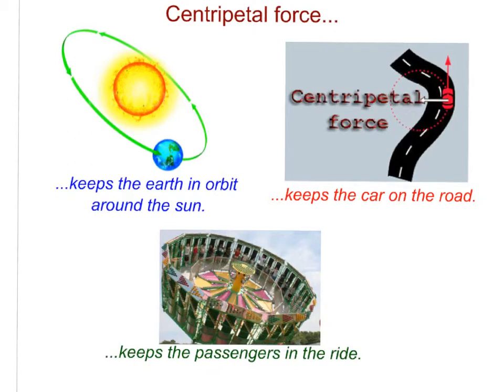And the force acting as a centripetal force here would be the seat backs that keep these passengers in the ride. It is the force being exerted toward the center of that ride, keeping the passengers from flying off the ride in a direction perpendicular to the centripetal force, along their velocity.